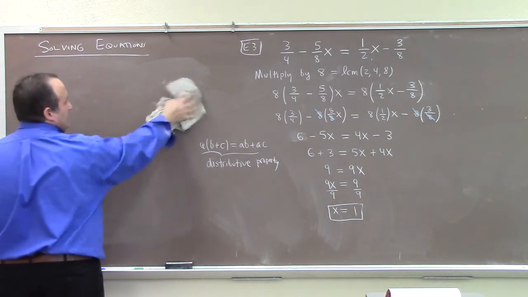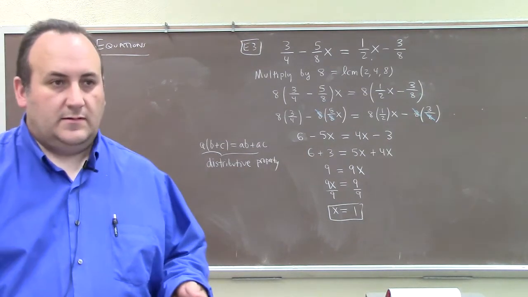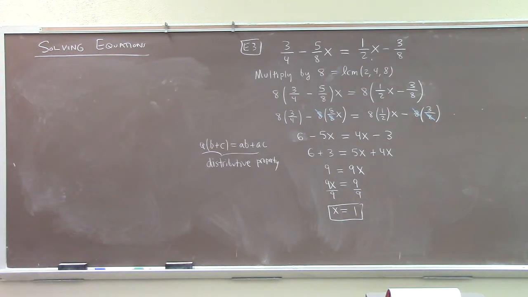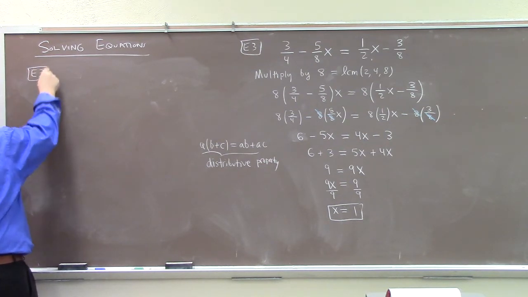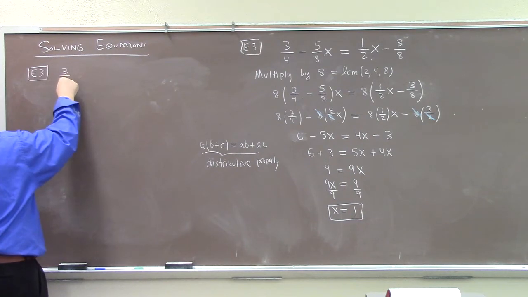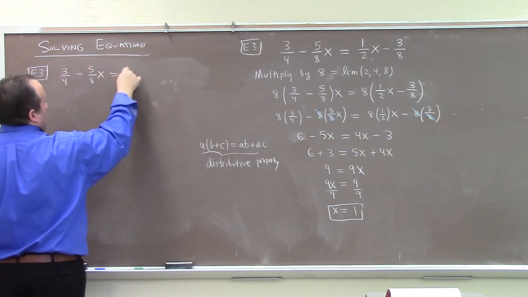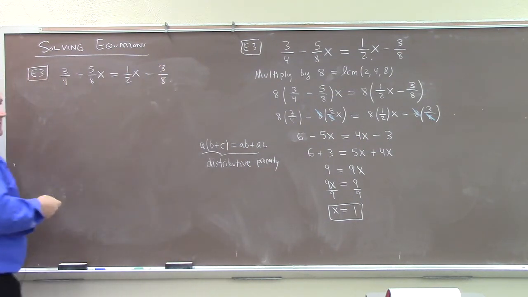Now, you don't have to multiply that by a number, right? If we didn't multiply that by 8, how would we have worked that out? What would that have looked like? If we had not multiplied by 8, we had 3/4 minus 5/8 x equals 1/2 x minus 3/8, right?